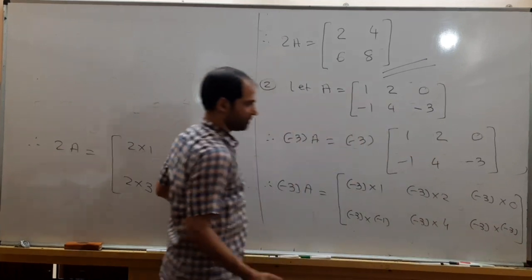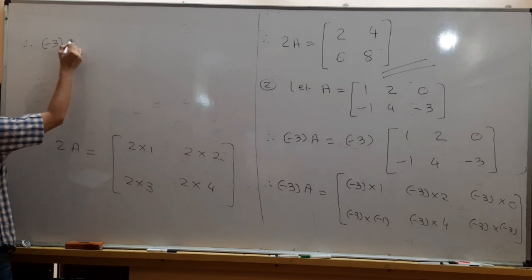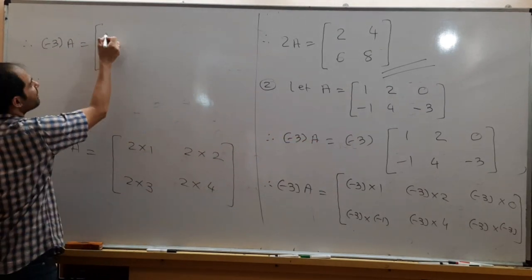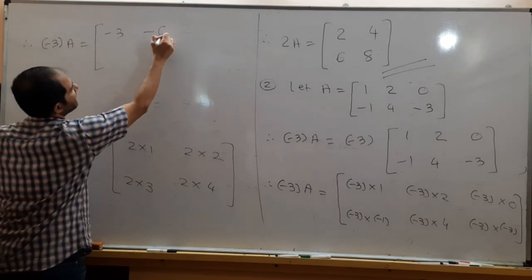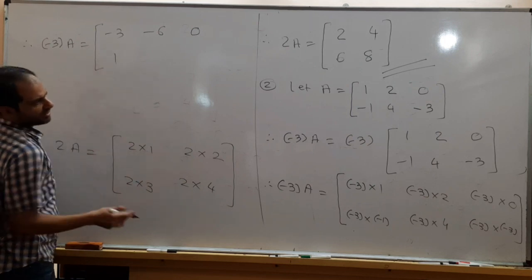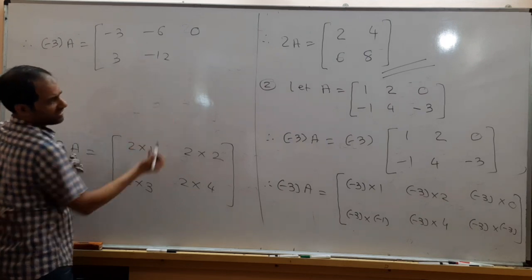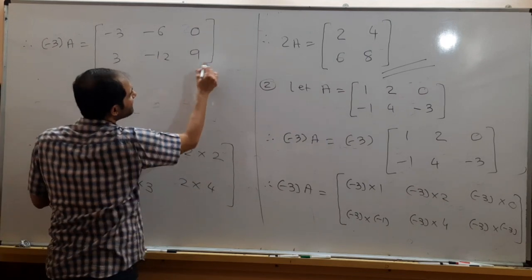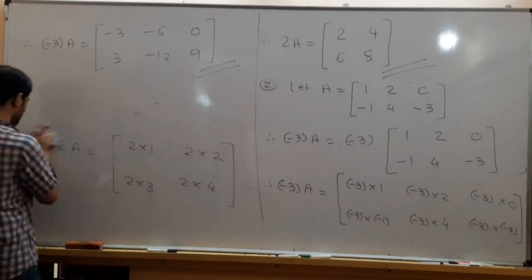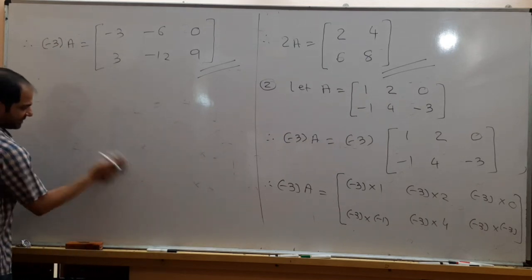So minus 3A will be minus 3, minus 6, 0, 3, minus 12, and 9. So it's a direct answer. It is easy. Now I prefer that we do not do those steps.